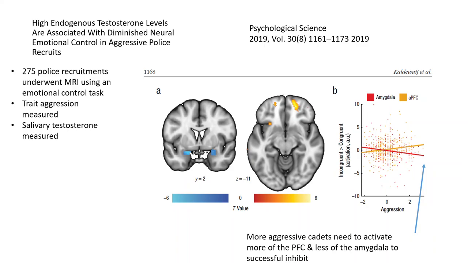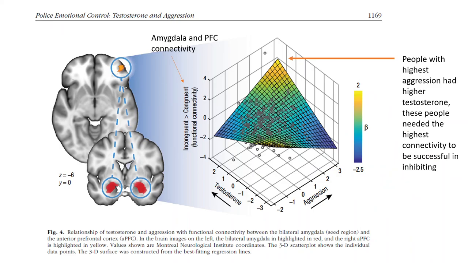Now, they then bring in the testosterone, and here's the bottom line. People with the highest aggression had higher testosterone. They had higher aggression and higher testosterone, and they really need to juice up their amygdala-PFC connectivity in order to do the emotional control task. Now, that's not a bad thing.